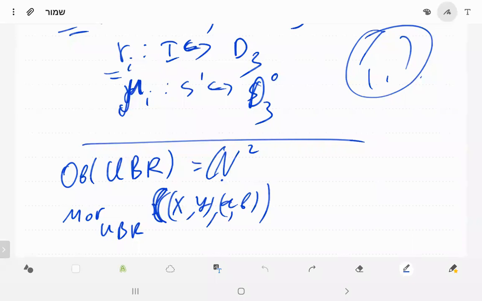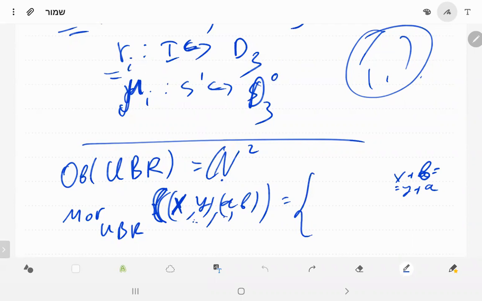So what do I want? I want each arrow that starts here to end either in y or in a. So what do I get? I want x plus b to be equal to y plus a.